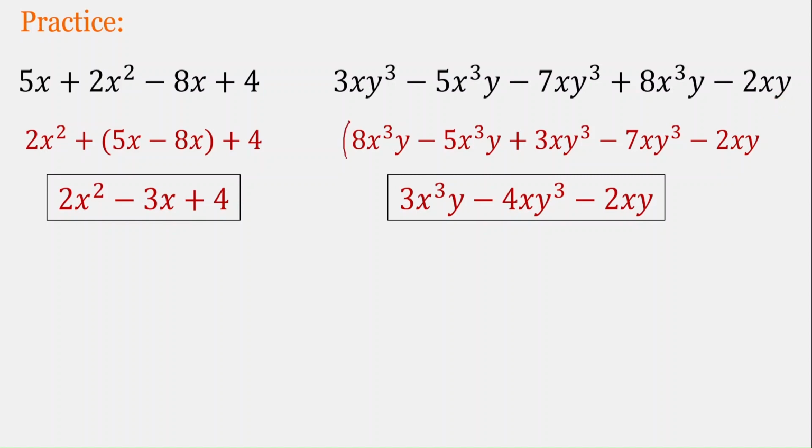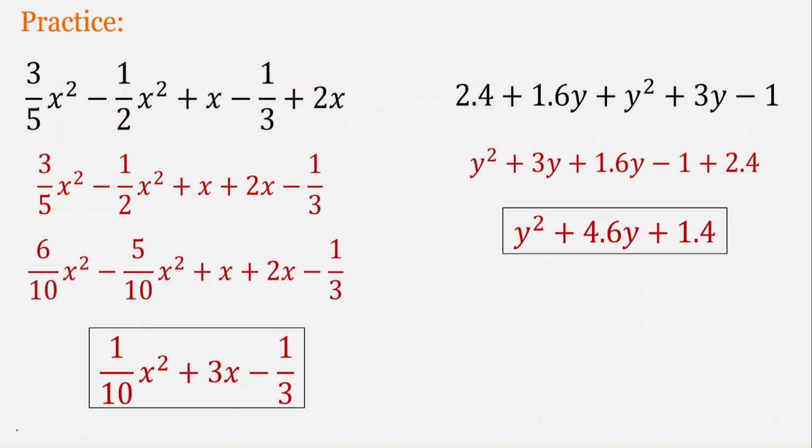So our groups are x cubed y, which has those 2 terms. xy cubed has those 2 terms. And then we have a single term with xy. We combine those and we end up with 3x cubed y minus 4xy cubed minus 2xy.